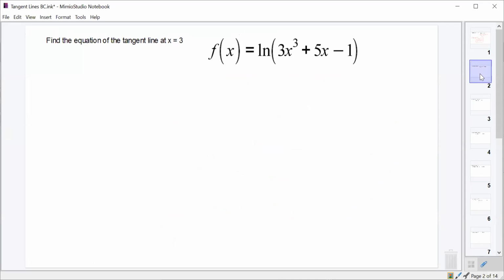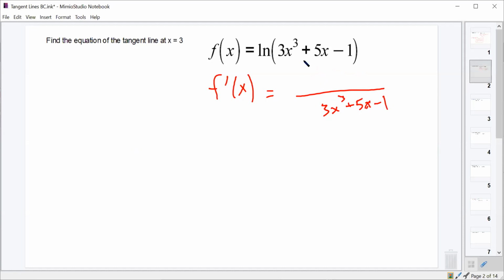Let's see if we can find the equation of the tangent line at x equals 3 for this function. So I'm going to remind ourselves how to find the derivative of the natural log function. We need a point and a slope. We get the slope here by taking the derivative. F prime of x should be what? Derivative of natural log of u is 1 over u. So 1 over 3x cubed plus 5x minus 1.